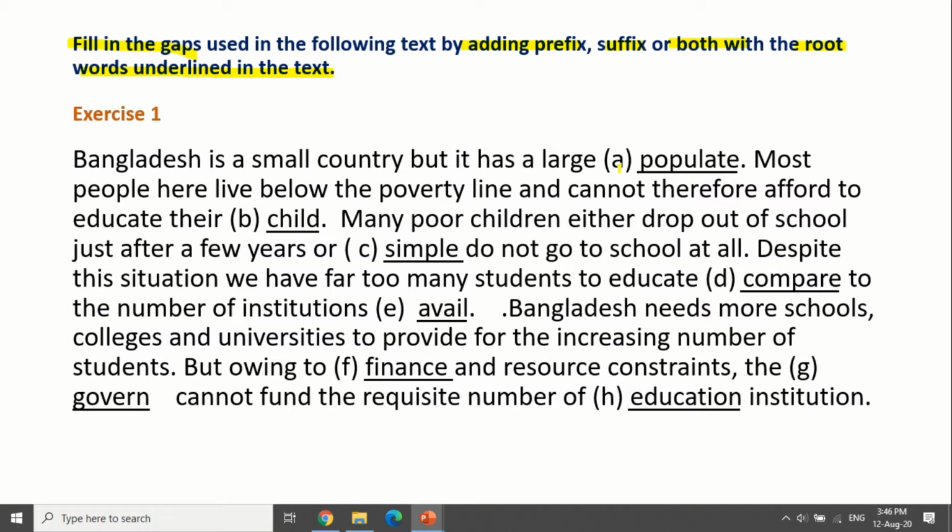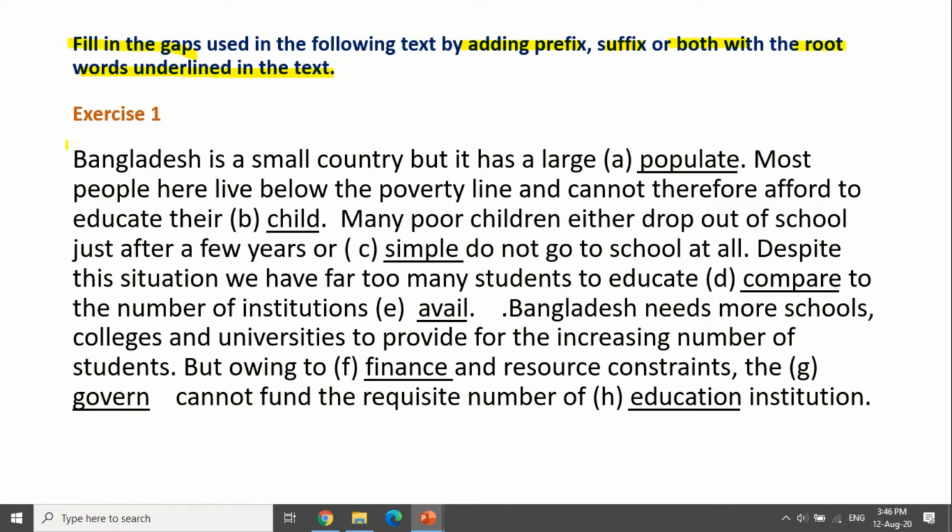So, what do we have to do? We have to focus on the underlined words like populate, child, simple, and we have to add either suffix or prefix, or sometimes we may need to add both suffix and prefix at the same time.